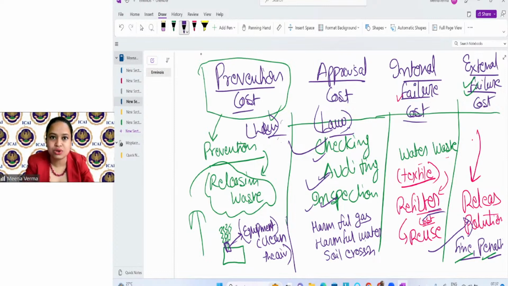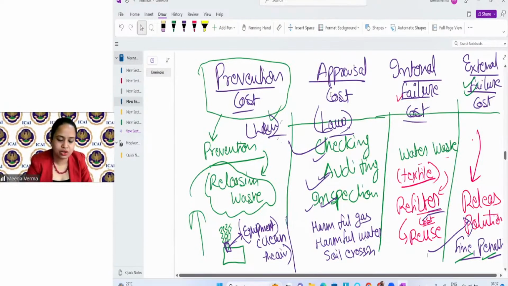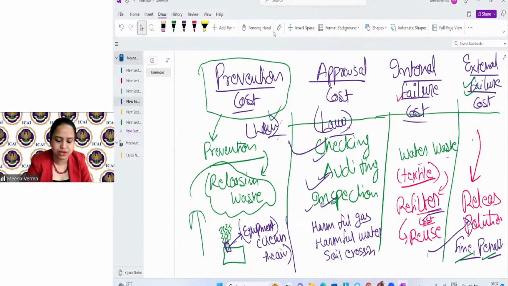The rivers are so clean. You can compare the Yamuna river with their rivers. The river is clean, the air is clean, everything is clean because the government has created the law and the people follow the law. Simple. Right? So these are all environmental costs which we incur.